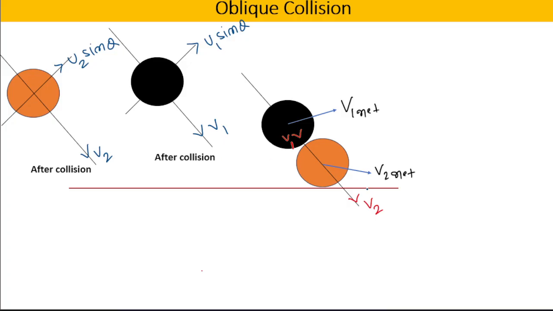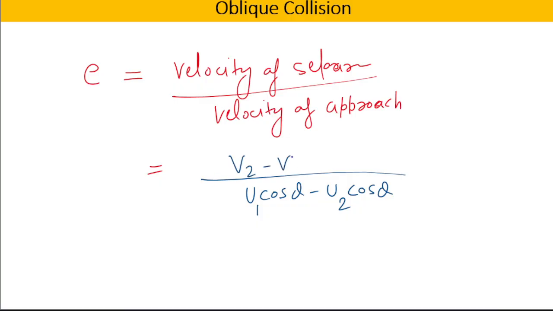And what will be velocity of separation? Initially I have told you that v2 is greater than v1. So finally after collision it feels like B is going away from A along the line of impact. So you will write velocity of separation as v2 minus v1, ठीक है? So this is v2 minus v1. Now the question is why we are writing coefficient of restitution along the line of impact?